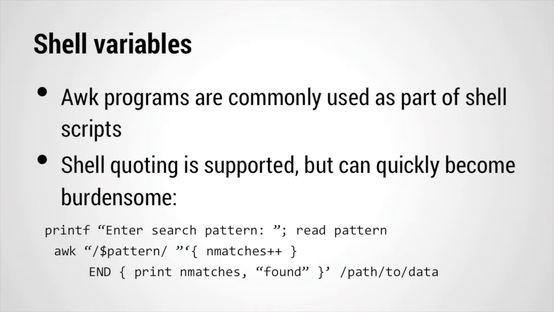Bash, for example, will substitute the value of a variable if it's placed inside double quotes. So the example here shows that. You see how the double quotes and the single quotes meet, which awk will concatenate to form the full rule. This is fine when the task is simple, but you can imagine how difficult it could get to manage multiple instances of multiple shell variables.